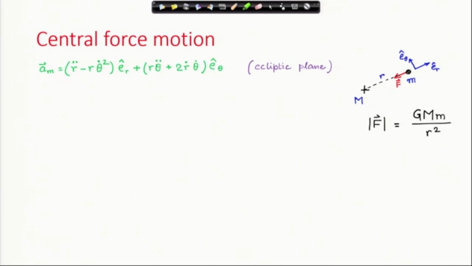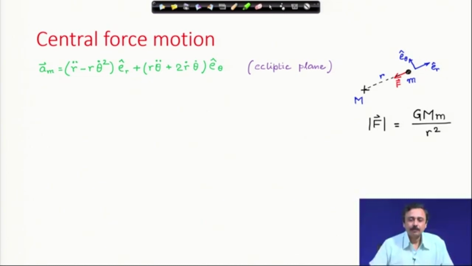Now, let us look at the formulation. The acceleration of a particle in a plane. I am using the polar coordinate system, considering that this particle will be moving in one plane. Whenever there is a central fixed gravitating object, and a body is moving around it in the central gravitational force field, the motion of the moving object will always be in a plane.